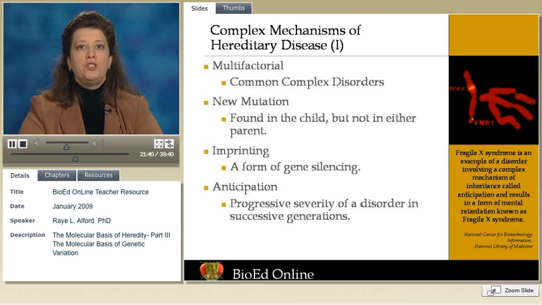Imprinting is a form of gene silencing whereby certain genes are methylated during gametogenesis to impart a parent of origin effect on gene expression. For example, if a gene is maternally imprinted, that is silenced in the maternal copy during female gametogenesis, only the paternal copy of the gene is expressed in the child.